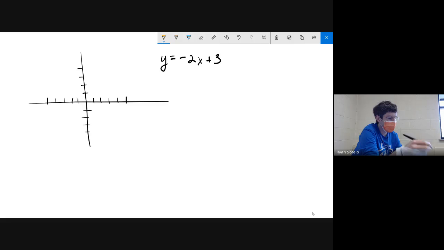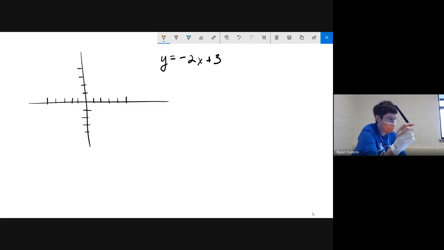Let's not disrupt. How do I plot this line? You go to the 2x. That's negative 2x. Go down to, not quite. Over 2, no, up 2. What number do I want to start with? 3.